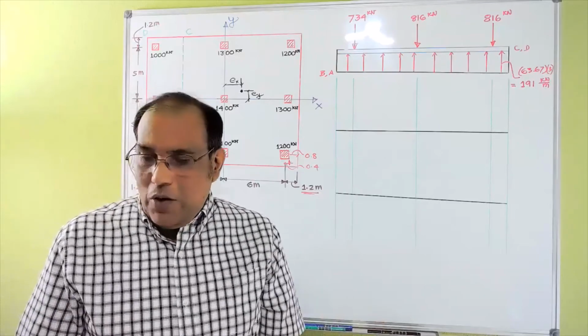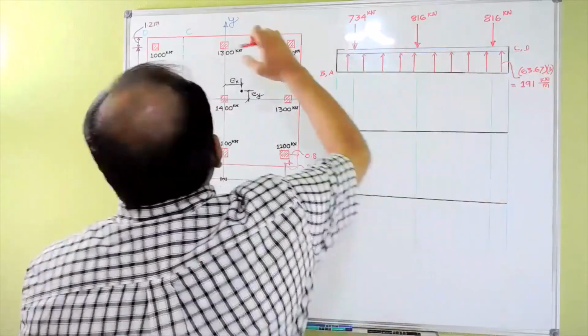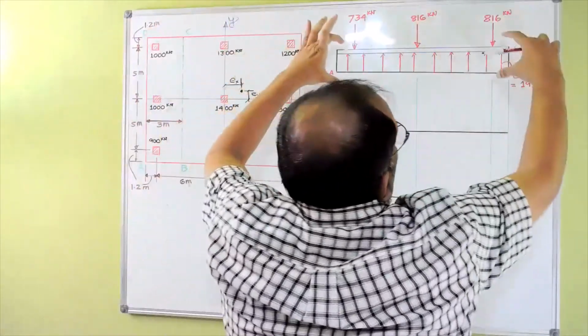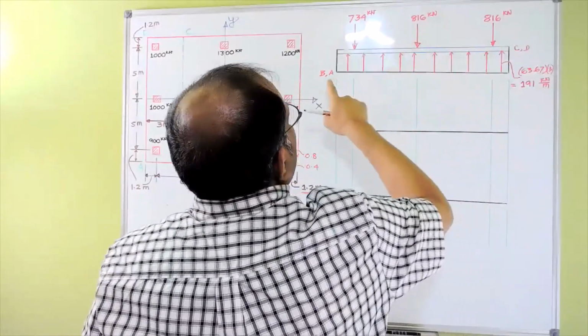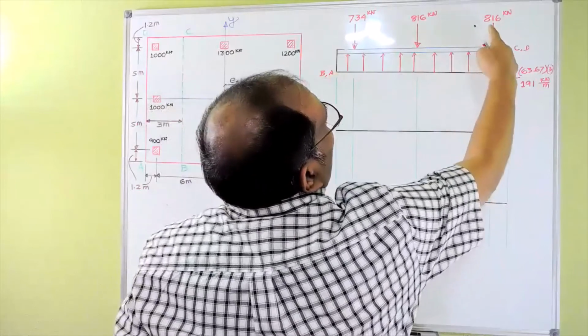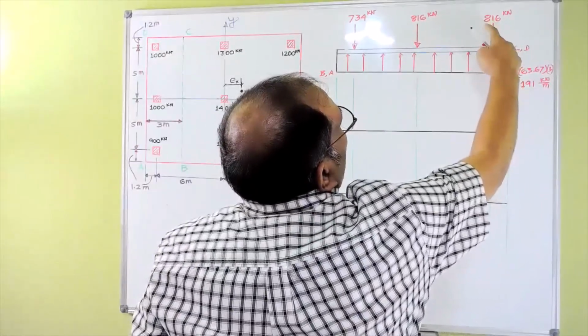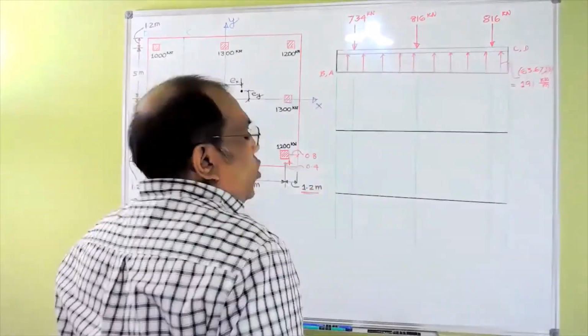Okay, so now you can see here that this is like your CD, this side here. I'm just trying to rotate that one like this. So this is your CD and this is your BA. So we adjusted that one from 1000 to 816, 816, and 734.